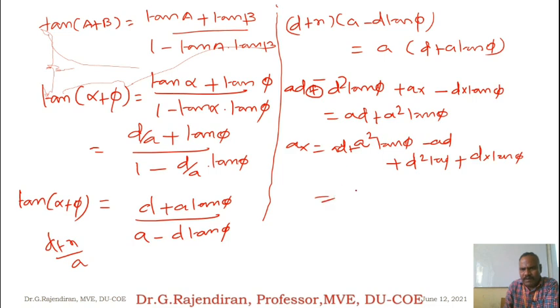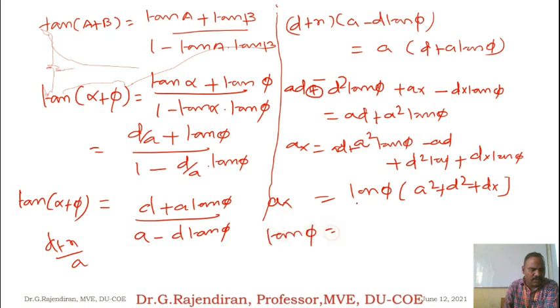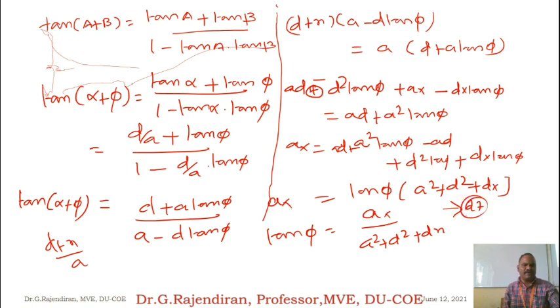So AD will be cancelled, tan phi of a square plus d square plus dx is equal to ax. So tan phi is equal to ax divided by a square plus d square plus dx. Okay, as per our numbering, it's equation number 27.